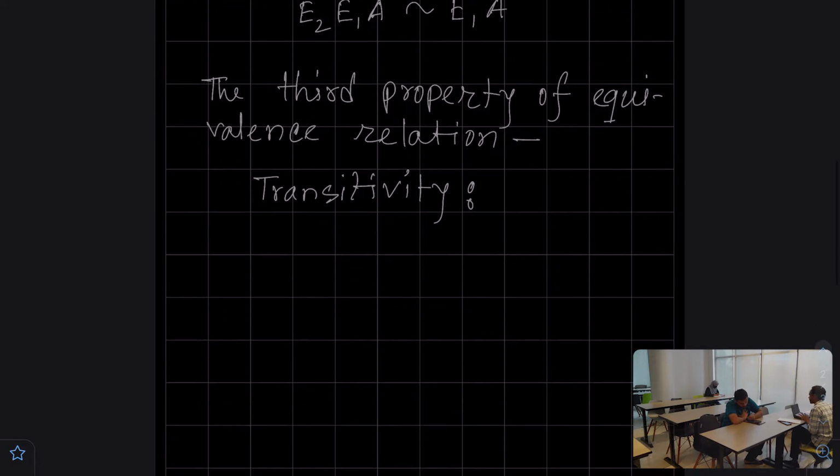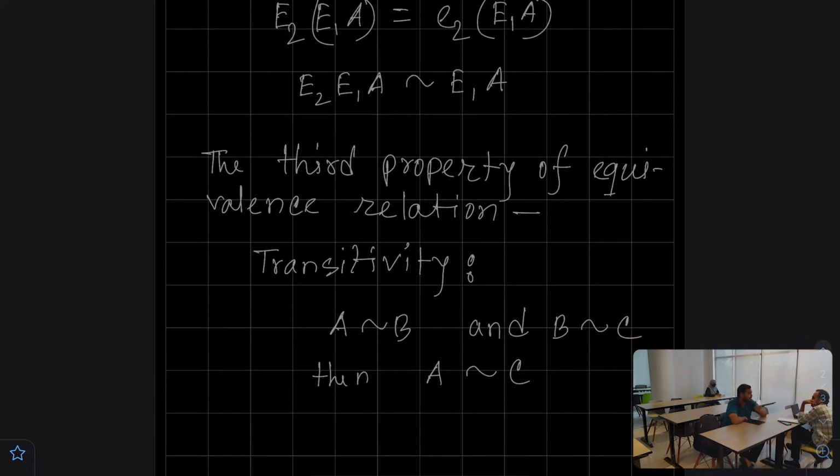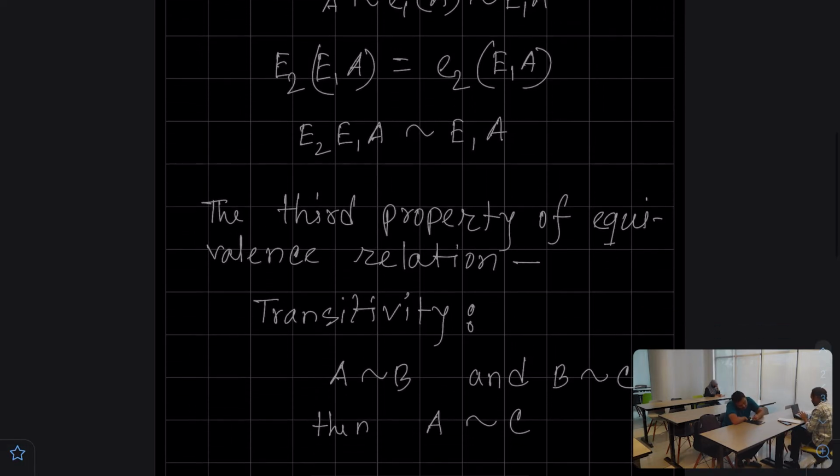So what is transitivity? Transitivity says that if A is equivalent to B and B is equivalent to C, then A is equivalent to C. This is the third property of the equivalence relation. This transitivity can be found in the zeroth law of thermodynamics: if two systems are each in thermal equilibrium with a third, then they are in equilibrium with each other.